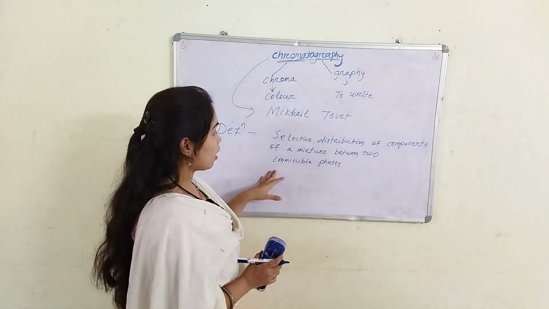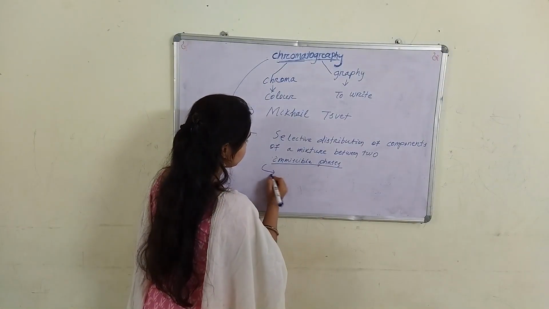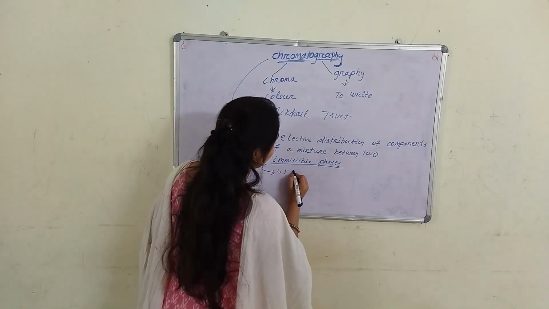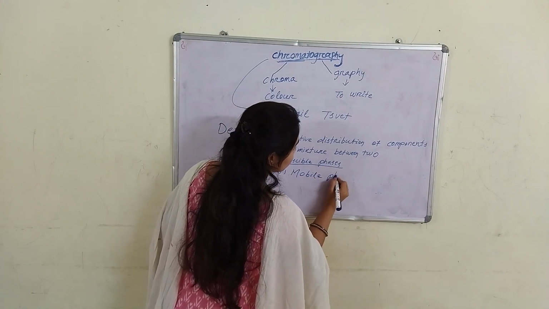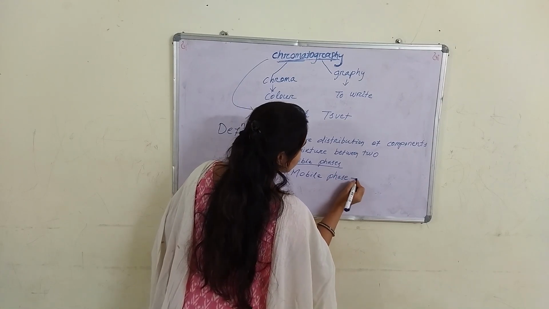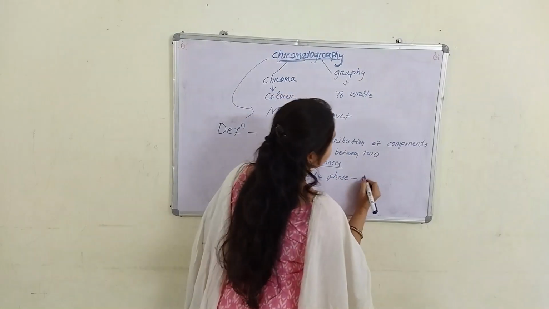Immiscible phases are of two types. One is the mobile phase. Mobile phase means the phase which is moving.